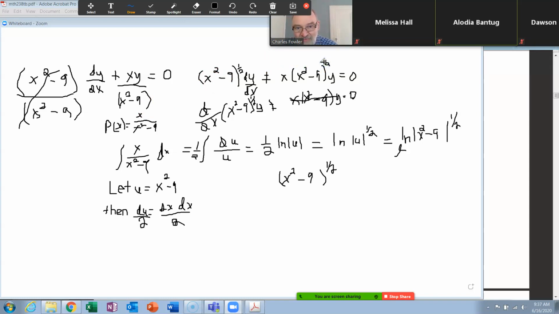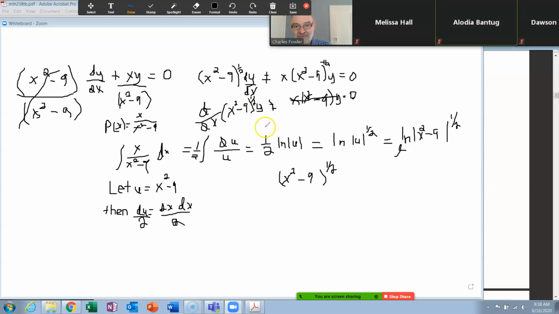Part of the problem is my eraser's not working, so I can't see this stuff. And sure enough, when you take the derivative of this, now that works. Derivative of this is this times derivative of that, got it, plus y times derivative of this, which is 1/2 times x squared minus 9 to the minus 1/2, perfect, times 2x, that wipes out. Yeah, that is a perfect derivative of that.